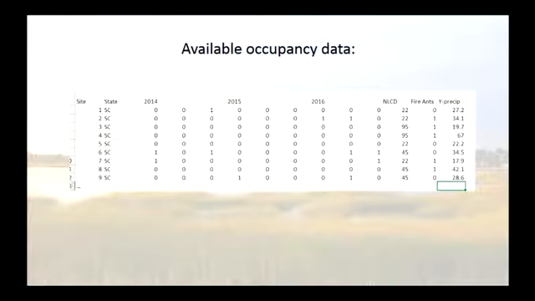So we could take these data from South Carolina. They had a lot of really useful data, you guys. It was really great. Something like 400 points that they'd surveyed 4 years in a row. It was the best data set we had. This is just an example of some of the data. We could take NLCD land cover data, or fire ant presence, or precipitation, or any other environmental covariates to try to look at a couple of things.